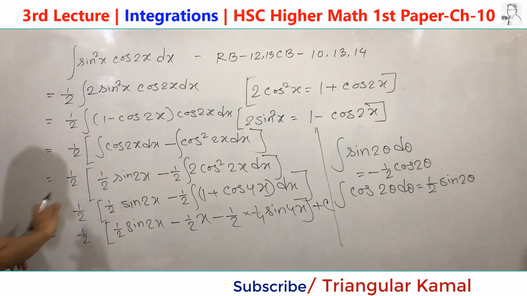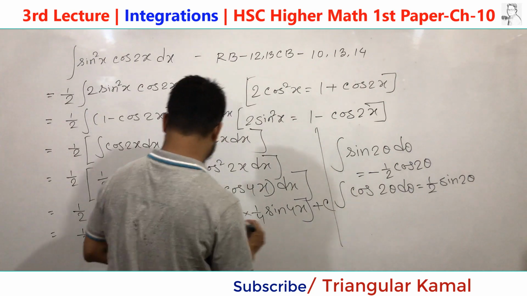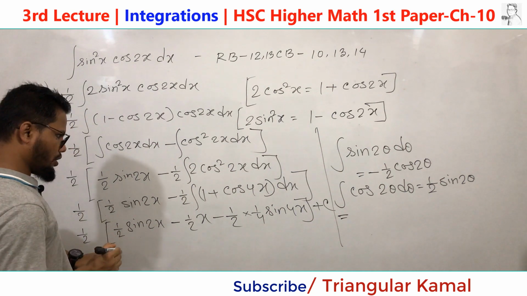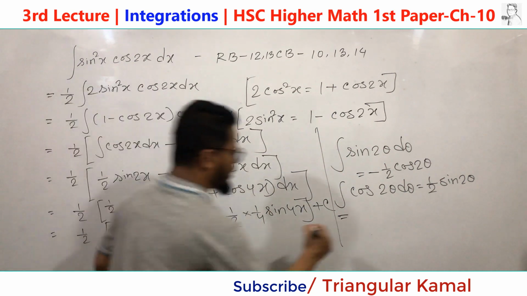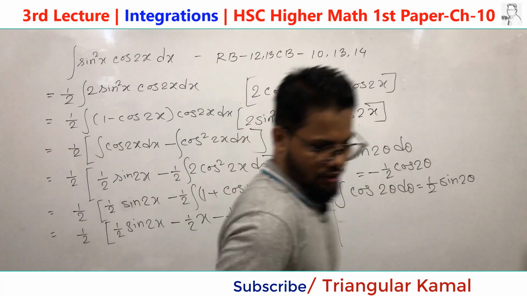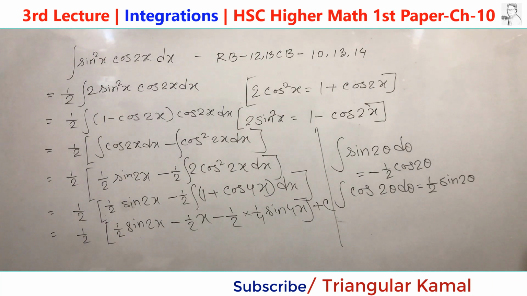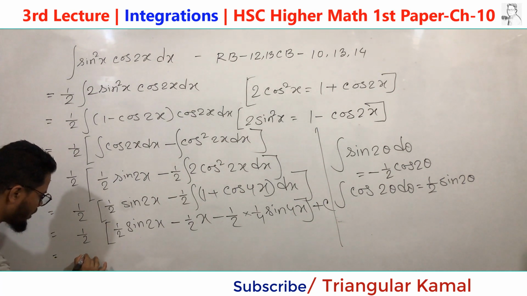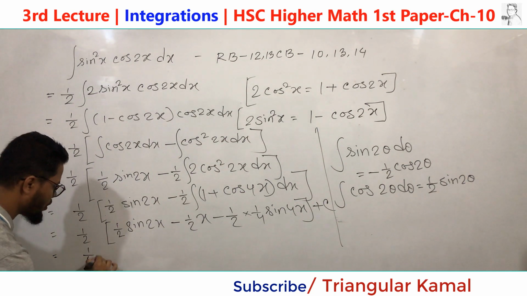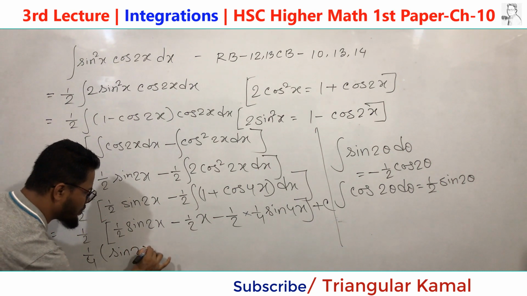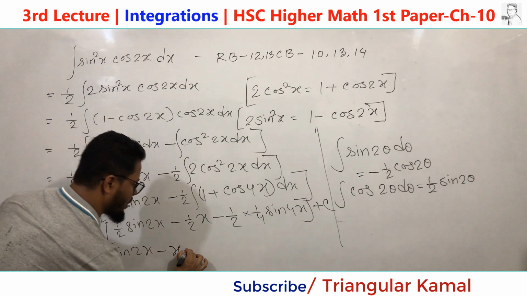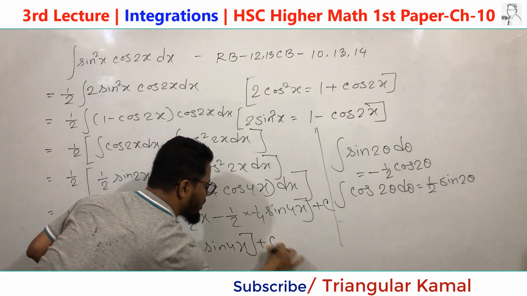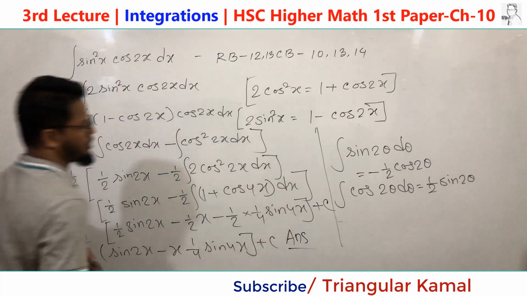If you want to rearrange this, you can take the half common from all sides. We can use 1 by 4 taking the common as a half. This is sine 2 times of x minus x, then 1 by 4 sine 4 times of x, then the constant c, and this is our answer.